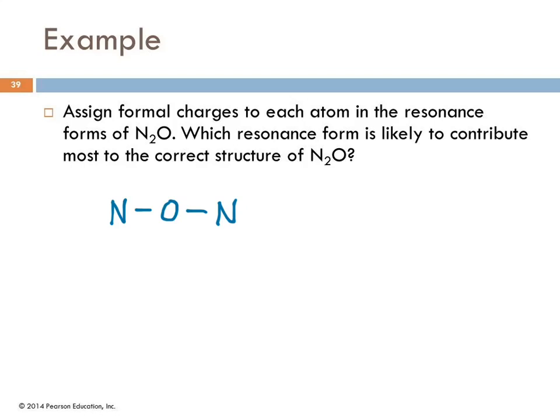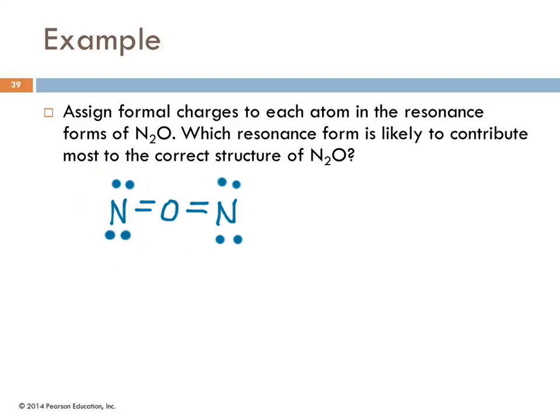So we've got 2, 4, 6, 8, 10, 12, 14, 16. So that's not going to work out. So we can move those to become a bond, and we can move these to become a bond. And when I do that, I'm not gaining or losing electrons. I still have 16. 2, 4, 6, 8, 10, 12, 14, 16.